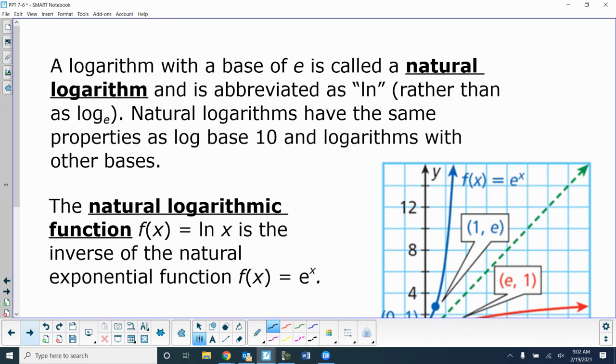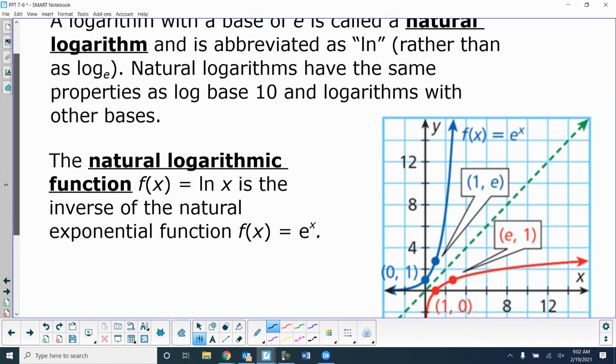A logarithm with the base of e is called a natural logarithm. It's abbreviated as ln rather than log base e. So when you see ln in a problem, you could have written it as log base e. Natural logarithms have the same properties as log base 10 and other bases.